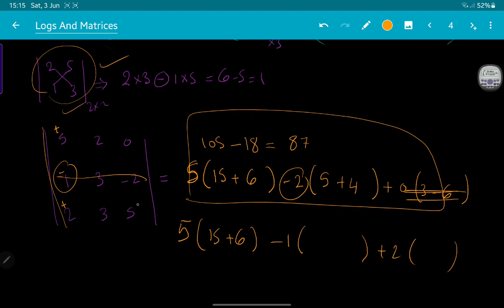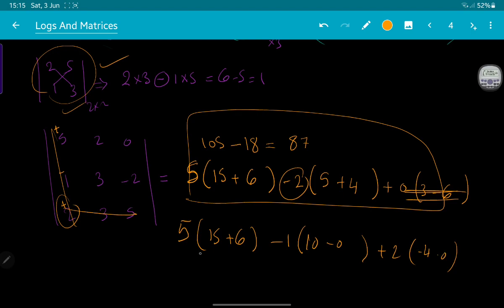Negative 1, 2 times 5 is 10, minus 0. 2, it's positive. This is negative 4, minus 0.